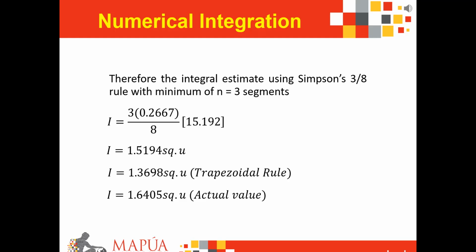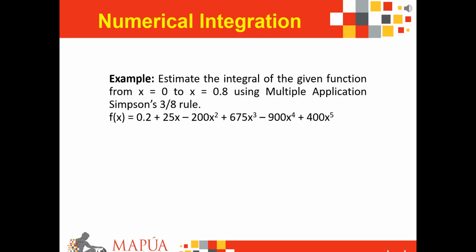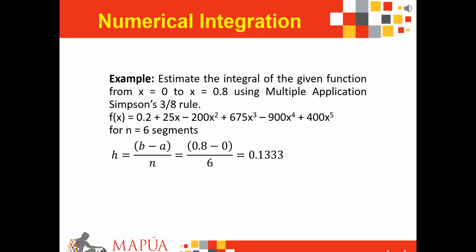However, using 3 segments, a minimum of 3 segments, is not enough to accurately estimate our integral value. So we then applied multiple applications of Simpson's 3/8 rule using the next possible segment count, which is 6 segments. Under 6 segments, our step size would then be computed like this with a value of 0.1333.